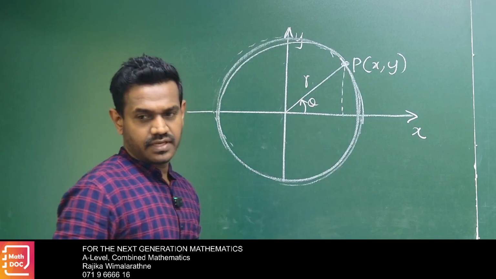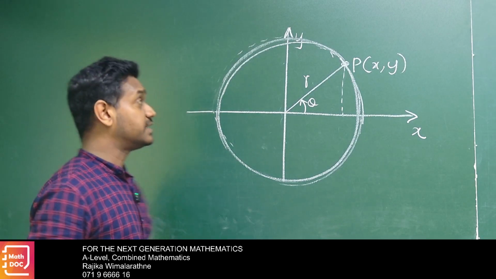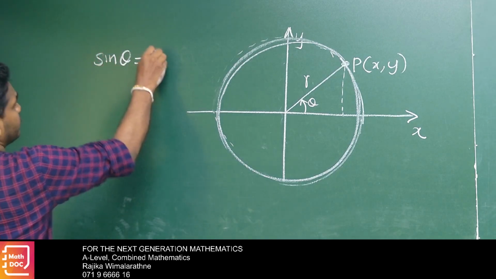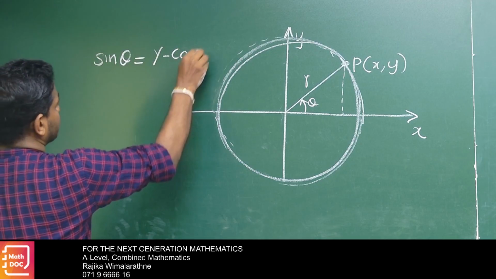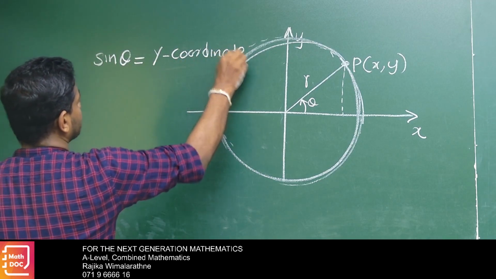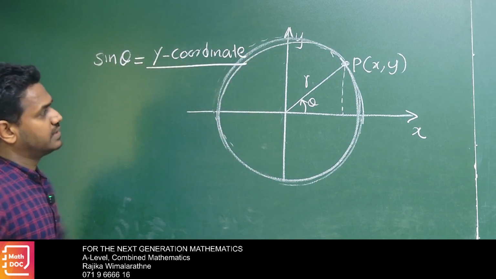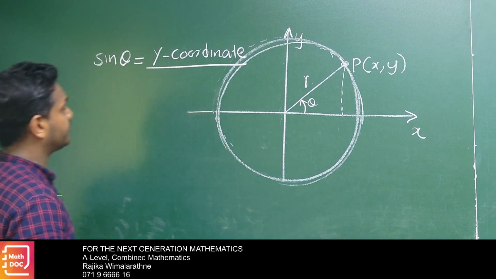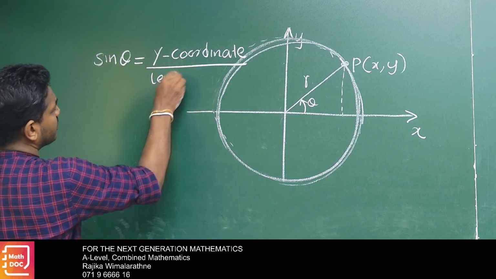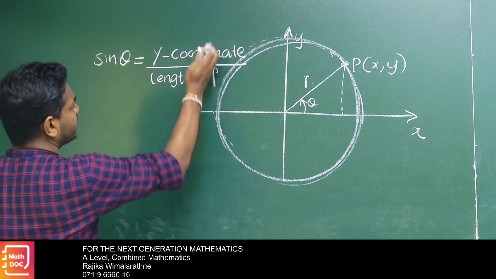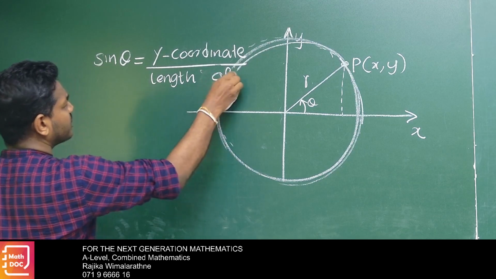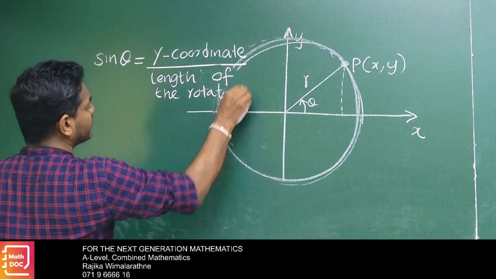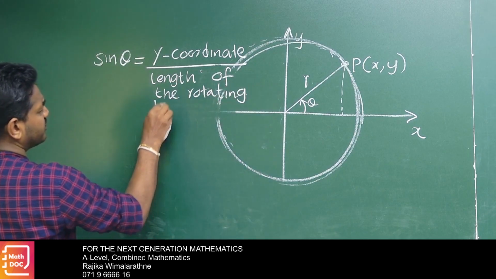Okay? Here onwards you say sine theta, y coordinate divided by the length of the rotating line segment.